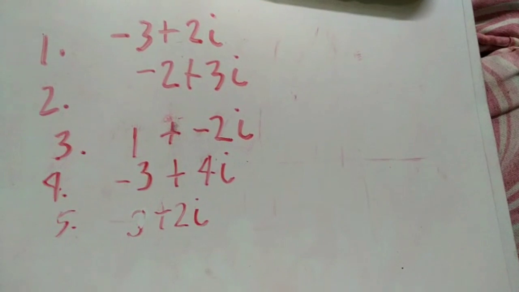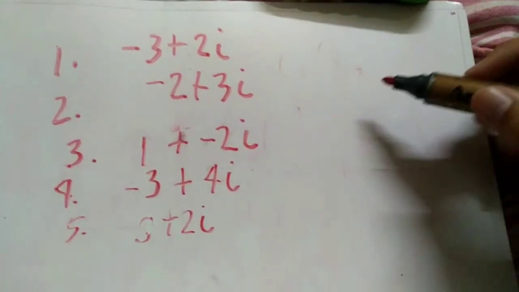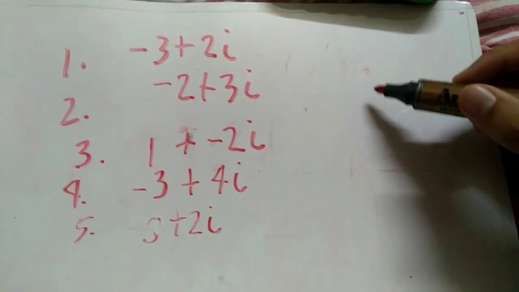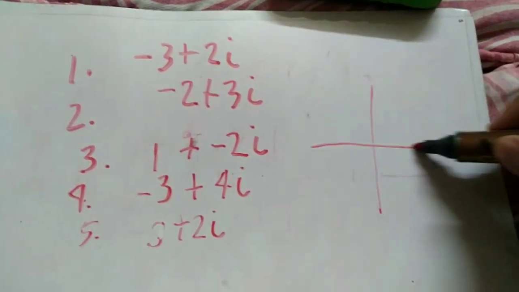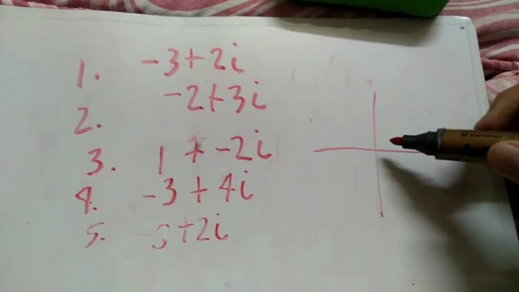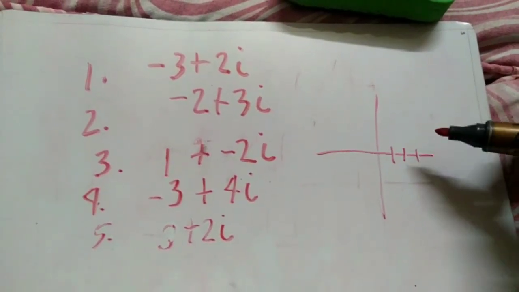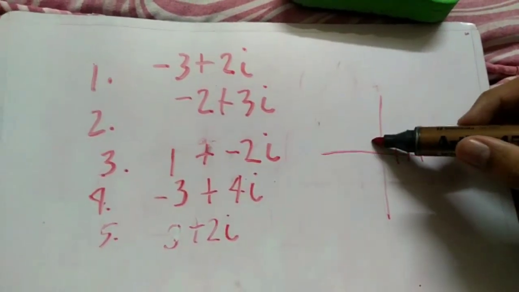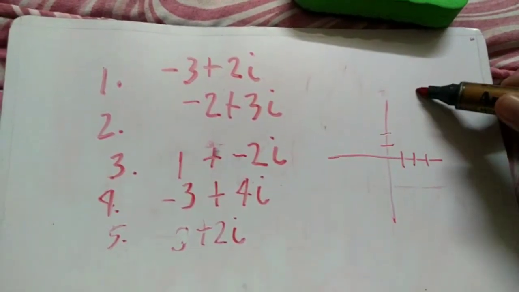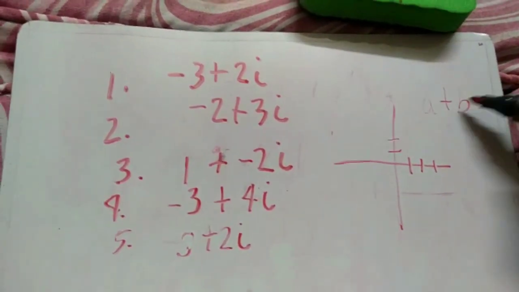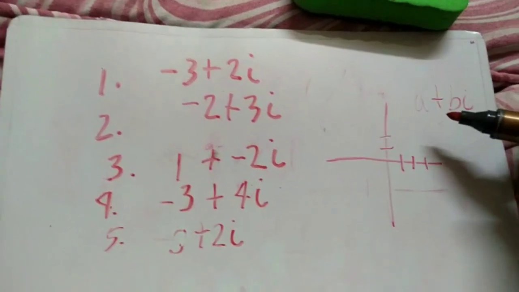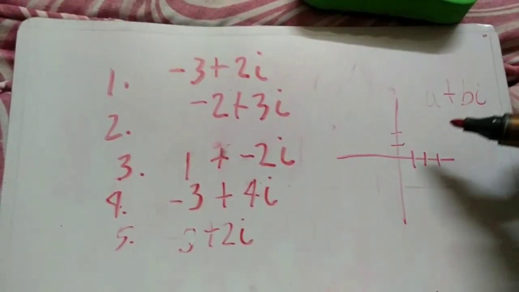So this is our last question. Then it is 3 plus 2i. So 3, this is 1, 2, and 3. And then 2i, 1, and 2. Your a is 3, and then your b is 2.